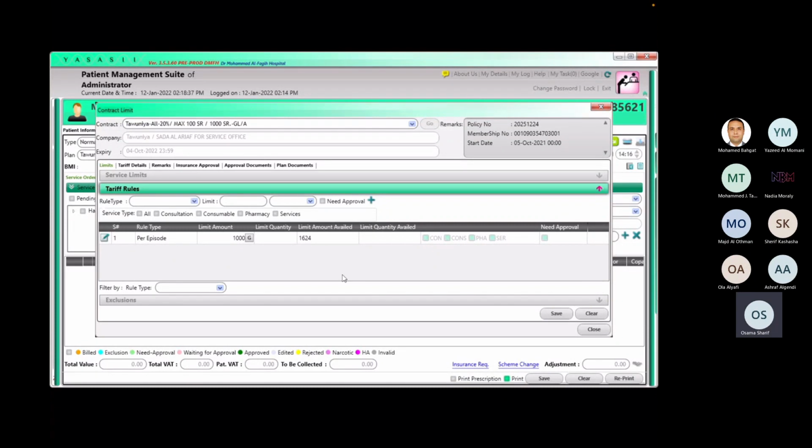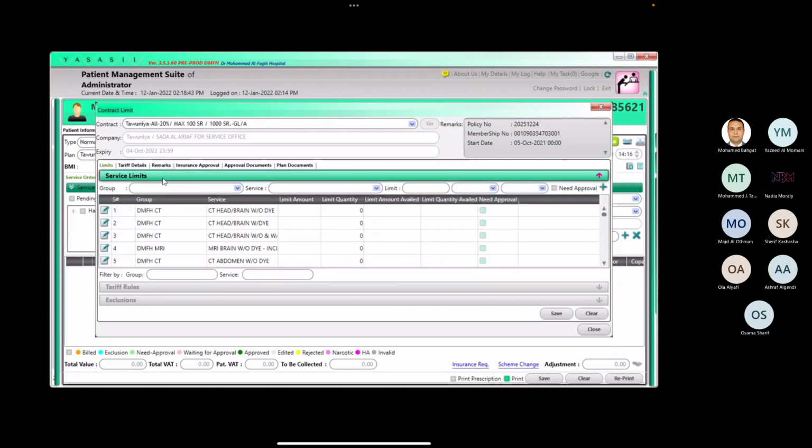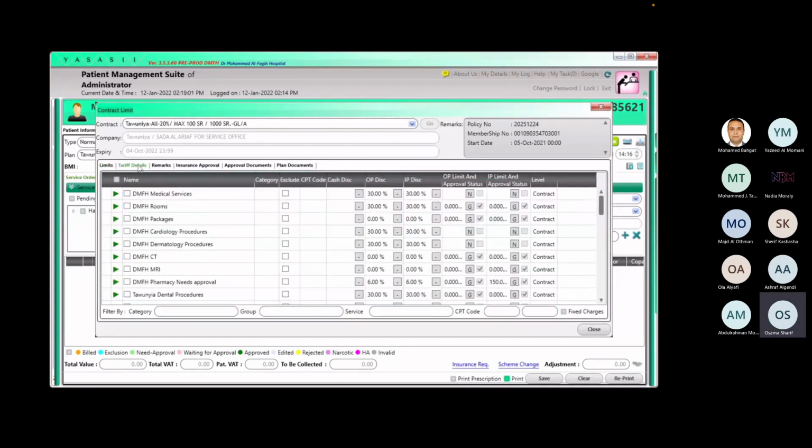The rule that we discussed on day 1, if you remember. Service limits, if I go here, again I can see the service limits, and what needs approval and what does not need approval. Tariff details, if I go, is nothing but the same screen that shows you what discount you have and all these things.